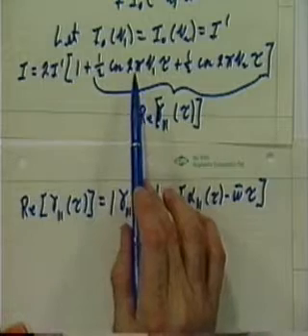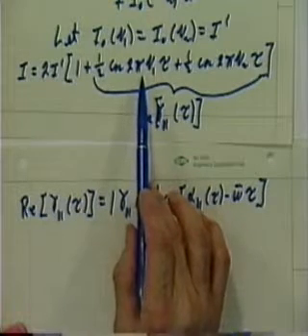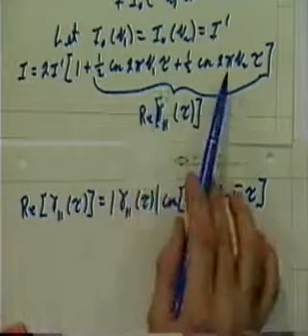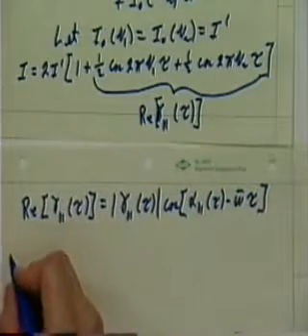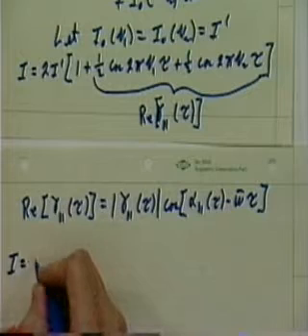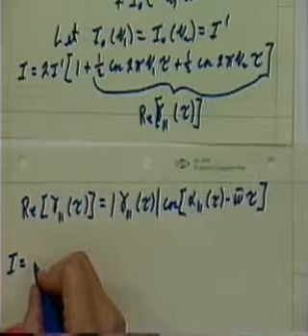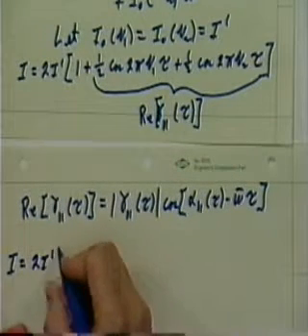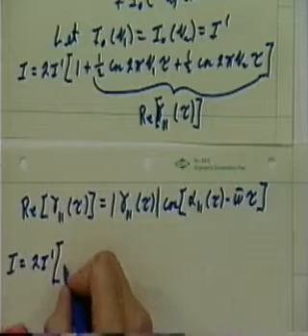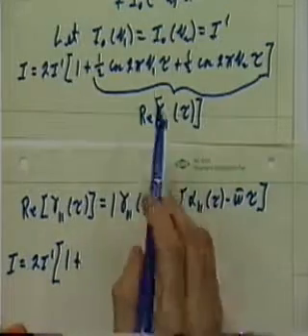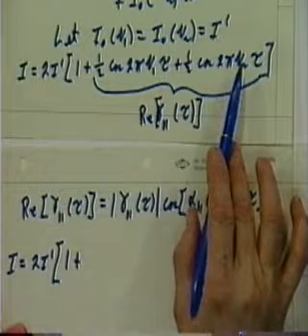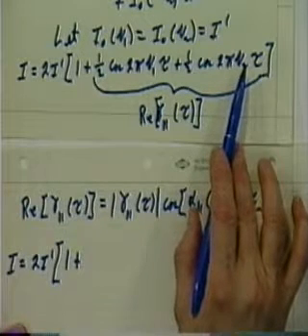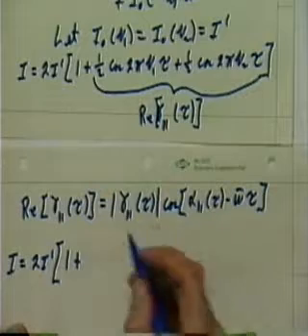So we'll take this and we'll use a trig identity that we used earlier in the class when we talked about superposition. And we'll rewrite that as I is what, 2I prime times 1 plus, remember when we added these, we ended up getting what, the product of the sum times the difference.